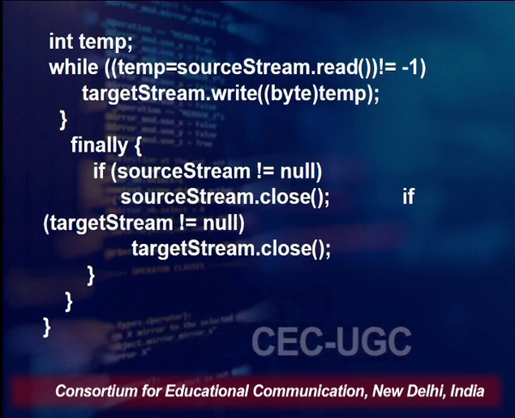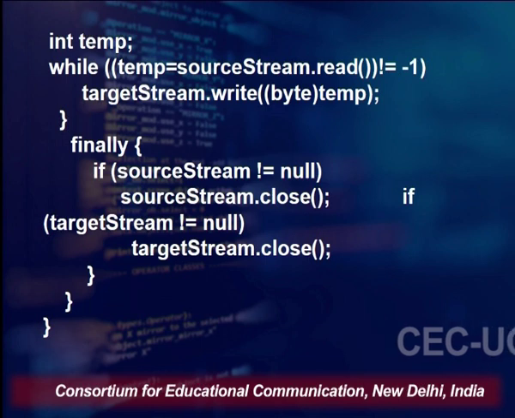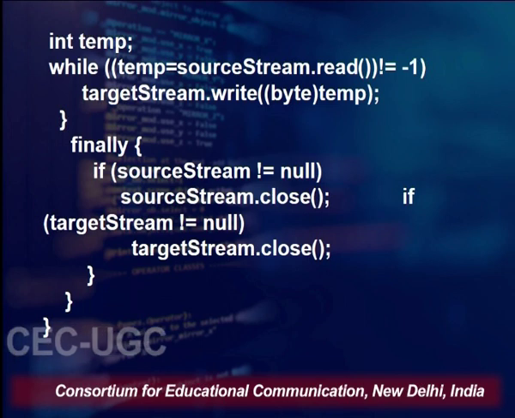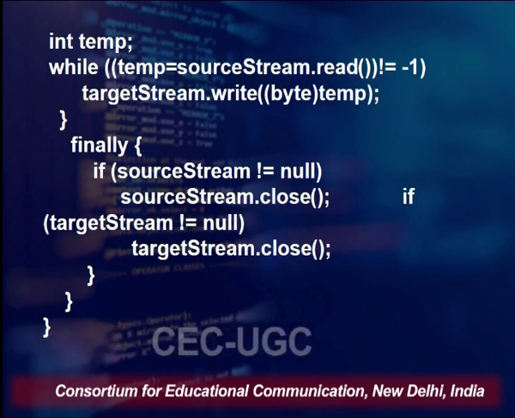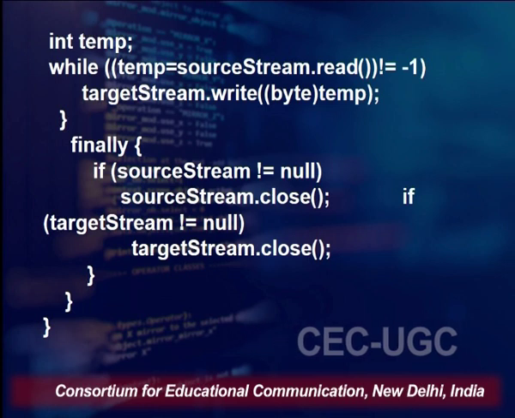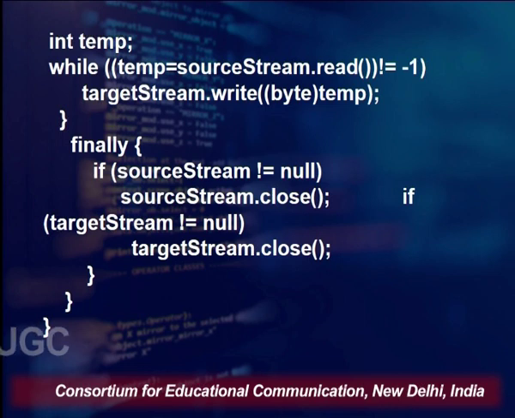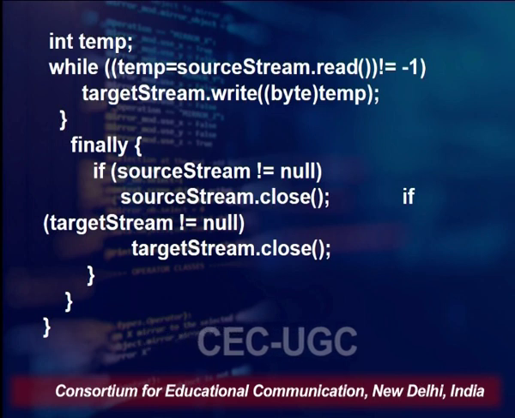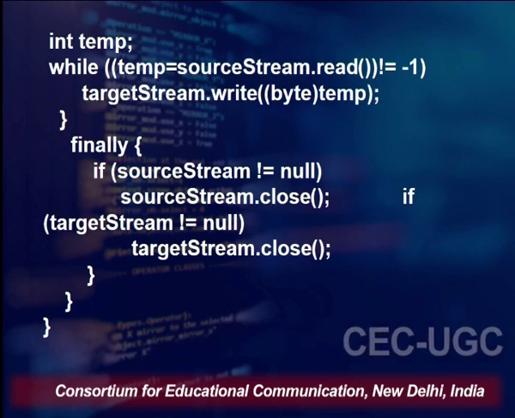So, this integer has to be converted into a byte first before writing. So, source stream, as you can see, is connected to source file.txt, and target stream is connected to target file.txt.